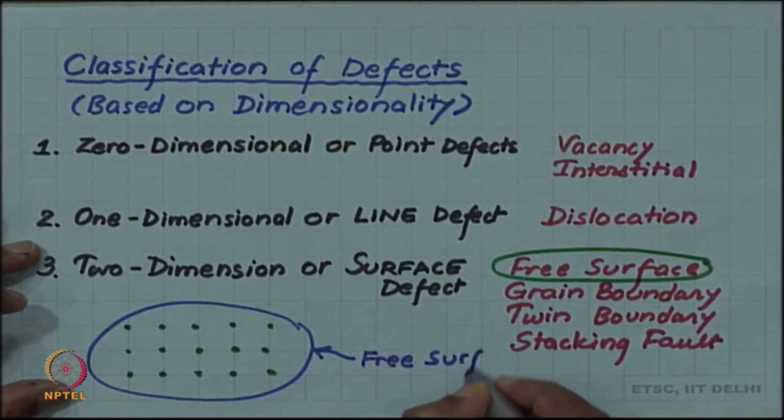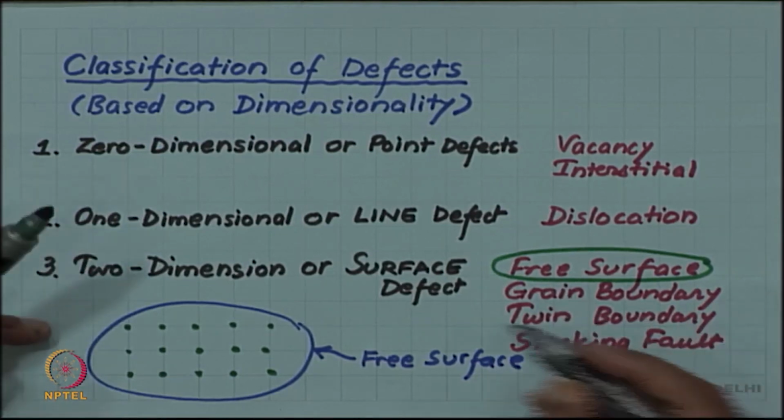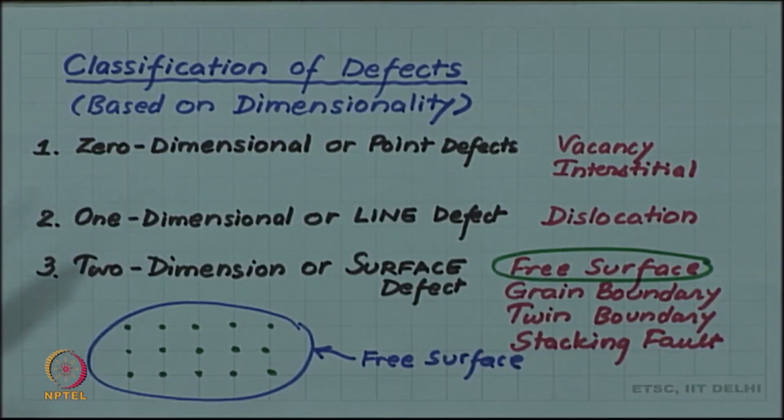that is why we are calling it a defect, because it may appear that why should a free surface be a defect. But since by definition of periodicity of ideal crystal, the requirement is of an infinite lattice, only an infinite lattice can be an ideal lattice.